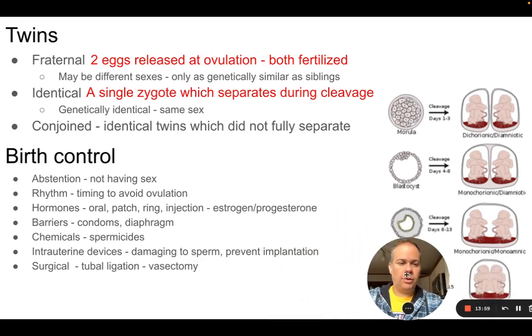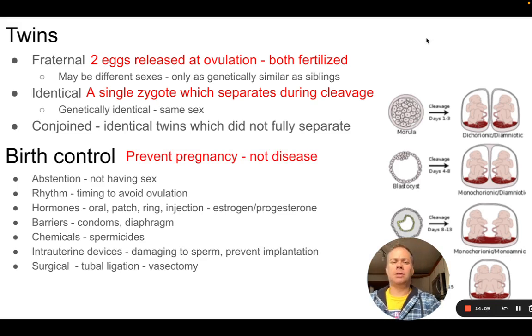There are many ways that people can try to avoid pregnancy, and we call that contraception or birth control. These methods of preventing pregnancy vary from abstaining from sex. Obviously, a woman cannot become pregnant if she doesn't have sex, if there's no sperm present to fertilize an egg.